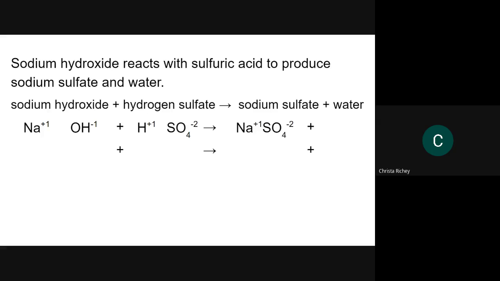How do you do water again? H2O. If you take organic or biochemistry, if you end up going into a science-heavy four-year college, when you write water, you do not write it that way. You write it as HOH. It is a hydrogen and a hydroxide that are chemically combined, but we normally just write it H2O.